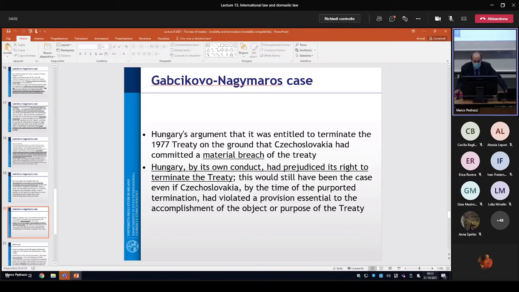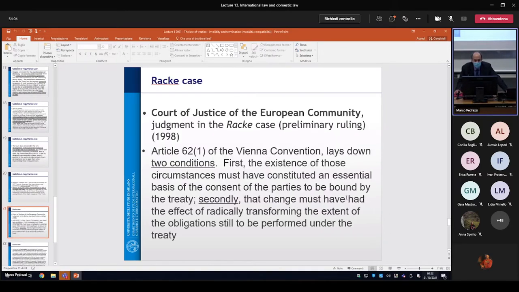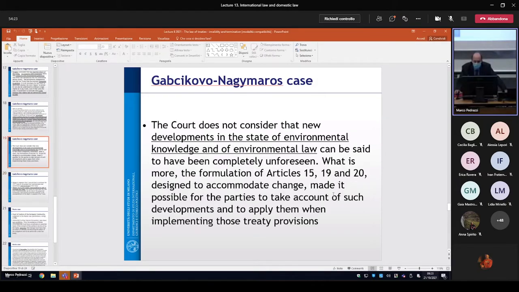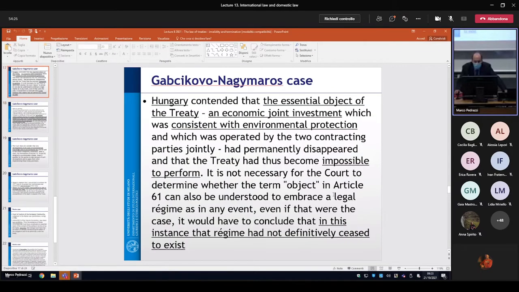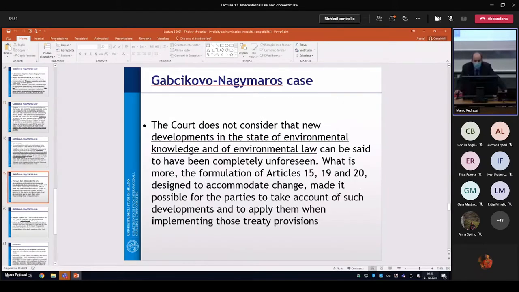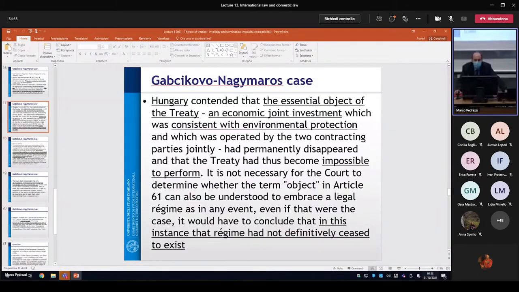And so Hungary cannot invoke the material breach of Czechoslovakia as a cause of termination of its participation in the treaty, and therefore of denunciation of the treaty and termination of the treaty itself. Therefore, all the causes invoked by Hungary are not recognized by the International Court of Justice.